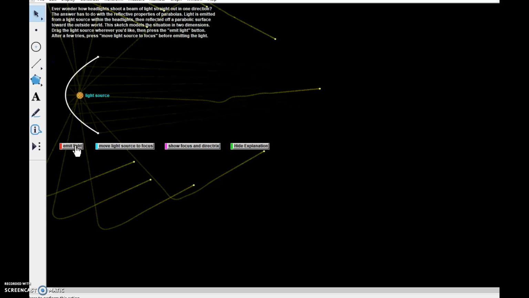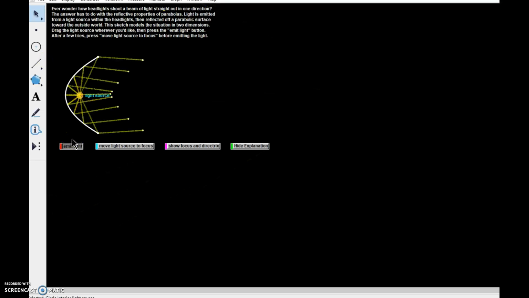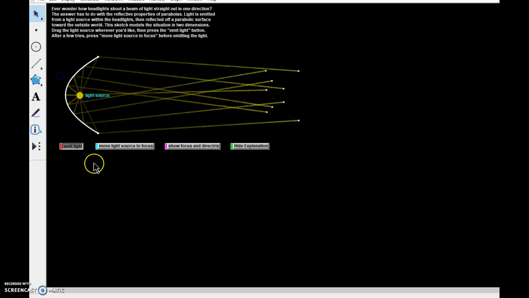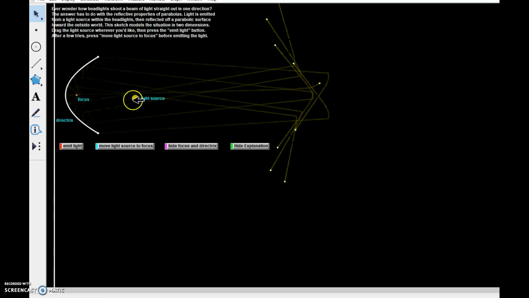All right, so if I put the light source at the focal point, then the opposite should happen. The light should hit the parabolic surface and be directed out horizontally. Now that's not perfectly at the focus. I don't know exactly where the focus is. I can actually show the focus and the directrix.